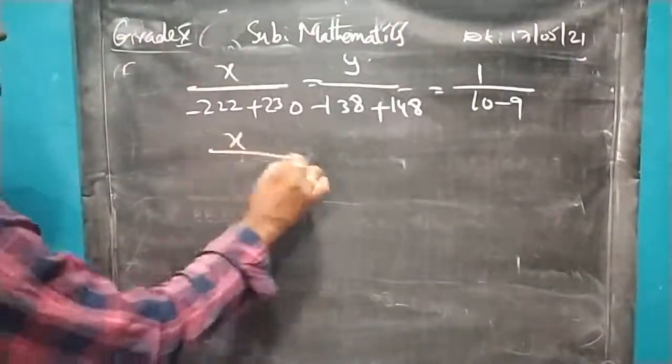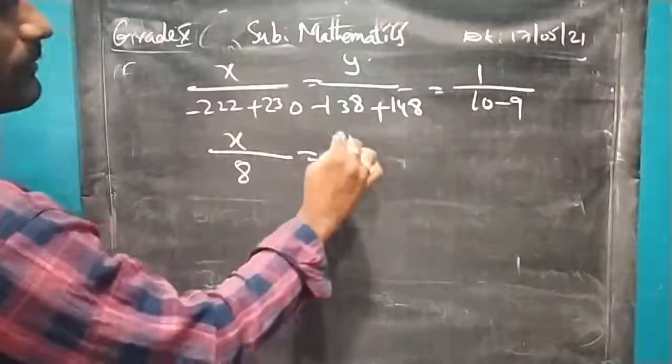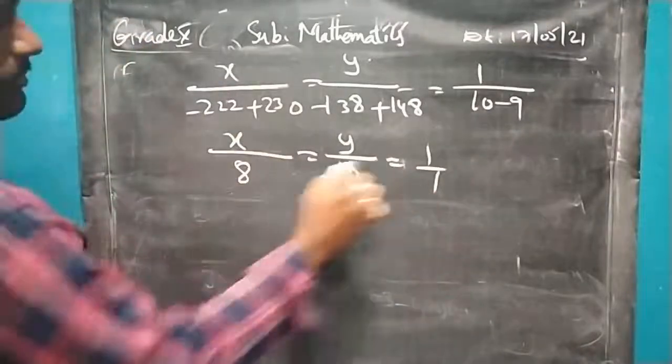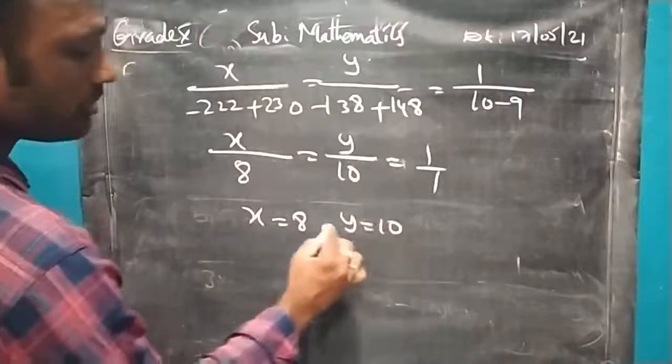Next, x by 8, y by 10 is equal to 1 by 1. So we can make this equal, so x is equal to 8 and y is equal to 10.